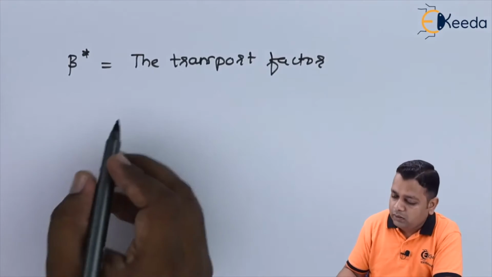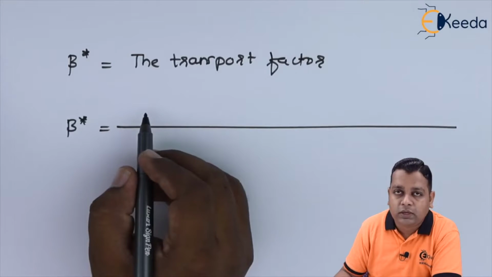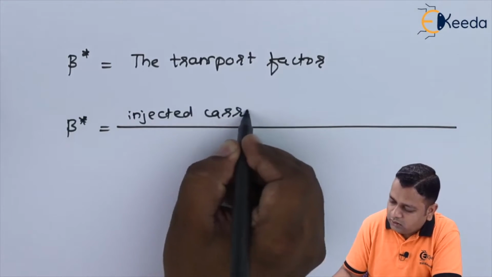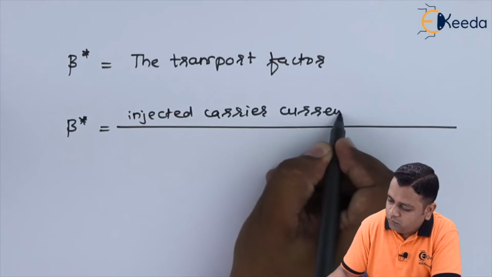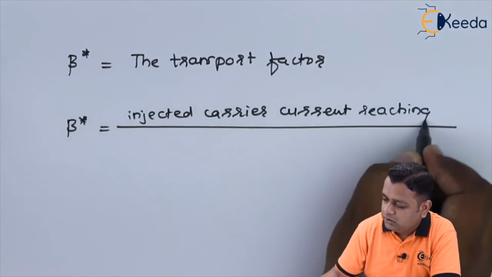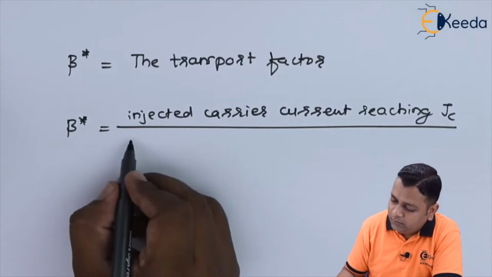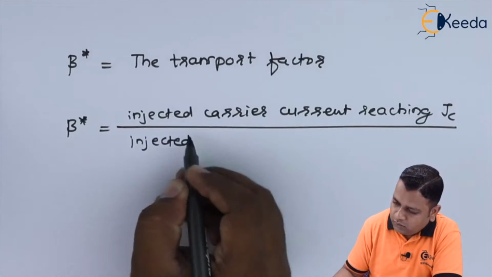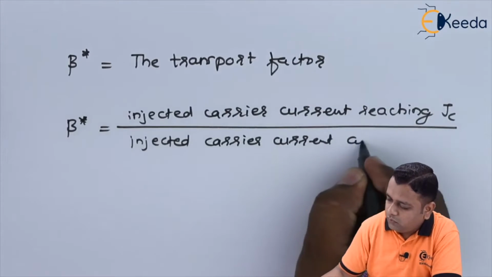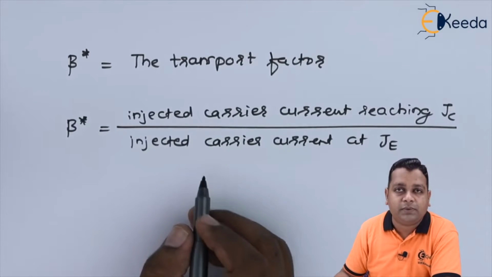The transport factor can be defined as beta asterisk equal to the ratio where the numerator is the injected carrier current reaching the collector junction, which I denote by capital J suffix capital C here, while the denominator will be the injected carrier current at the first junction, that is nothing but the emitter junction denoted by capital J suffix E.